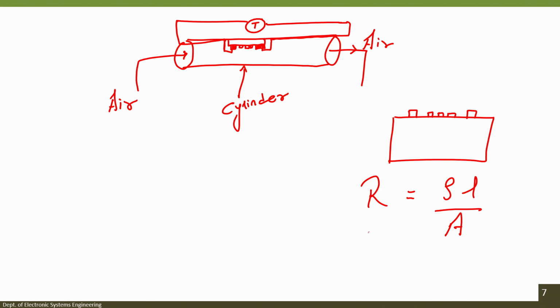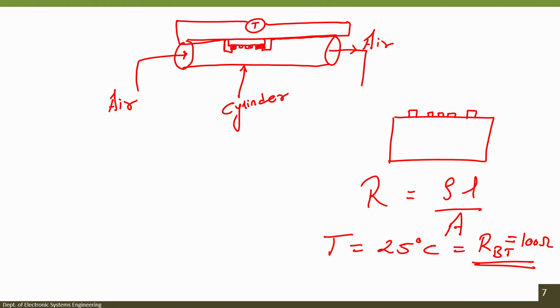So, for a particular temperature, let us say at room temperature, I would have a base resistance of the heater to be 100 ohms, and as I just keep it at room temperature, it is 100 ohm, right.